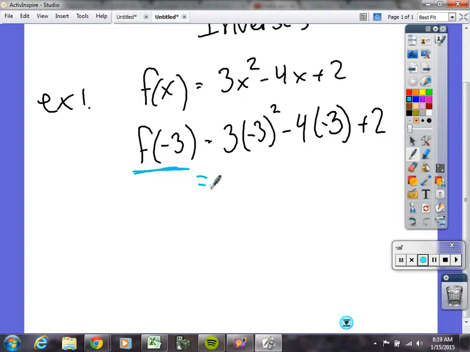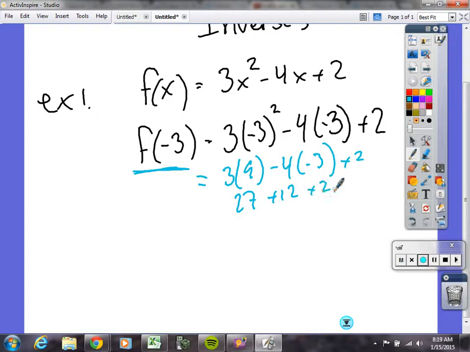Do we have an exponent? Negative 3 squared is positive 9. Awesome. So we have 3 times 9 minus 4 times negative 3 plus 2, which then comes to 27 plus 12 plus 2, which comes out to be 41. Correct?